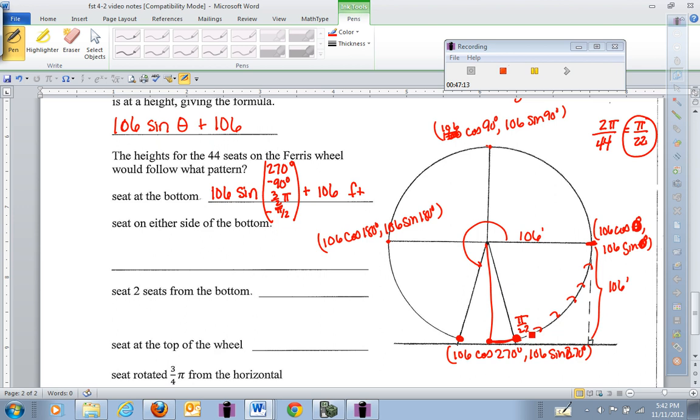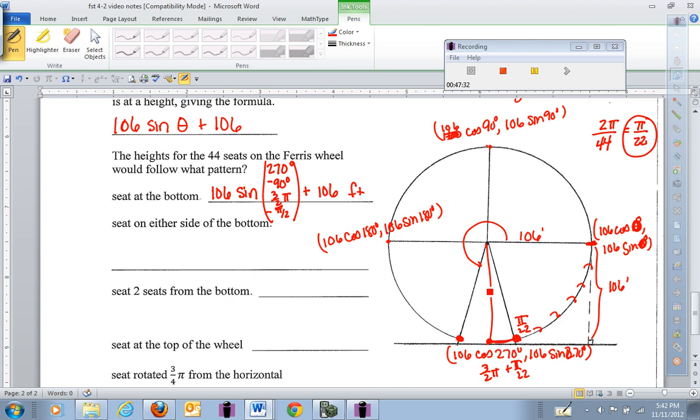Now, the other thing you can do is, oh, that wouldn't be pi, because we're at where? We're at negative pi over 2? No, we're at 3/2 pi here. We'd have to add on pi over 22: 3/2 pi plus pi over 22. Wouldn't we? We used 3/2 pi here? Yeah, we did.